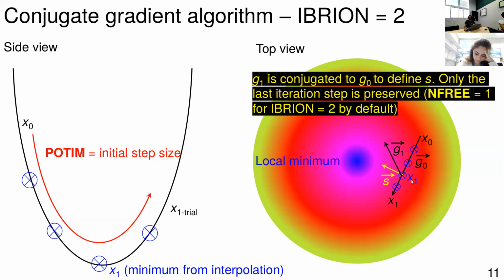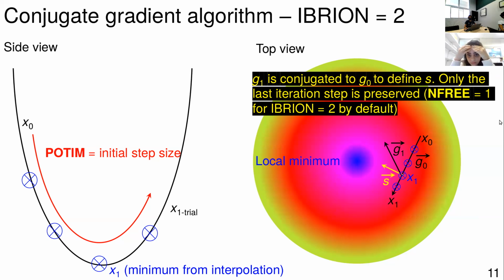Then at this point, you move along the gradient S, and S is defined by taking the conjugation of gradient 1, that is the gradient calculated at position x1, and gradient 0, okay? So by default, in this Ebrion 2, you are keeping n3 equal to 1.